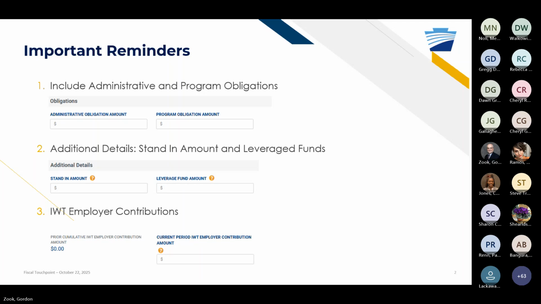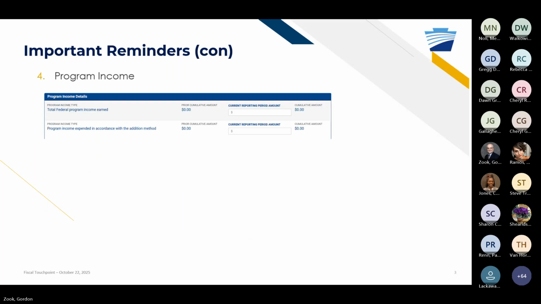You also have incumbent worker training employer contributions. If you report any IWT expenditures, you also have to have an amount here as an IWT employer contribution. The system will not let you proceed if there's no information put in there.